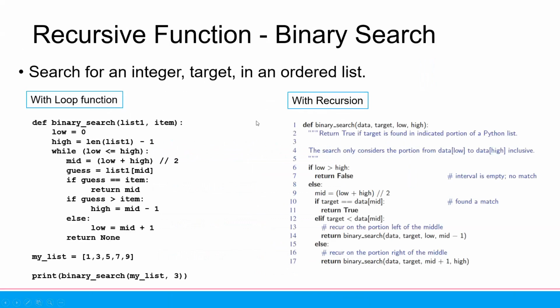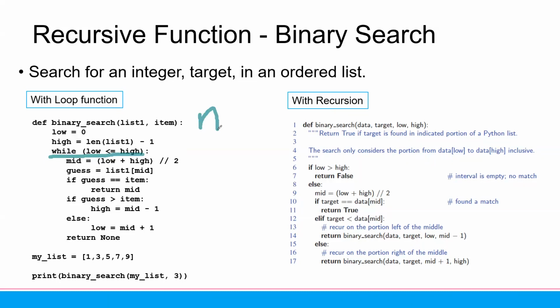So let's see the code. There are 2 codes that I put here. The first code is using a loop function. Maybe you will ask, if it is a loop function like this one, then it might take n times because in a loop we go from 1 until n.